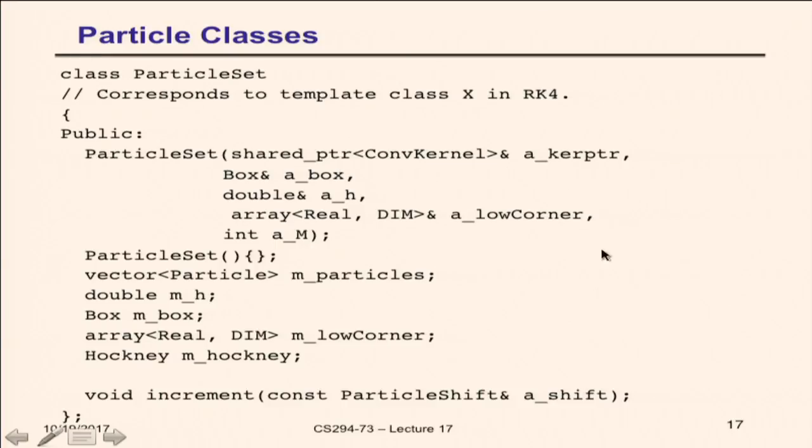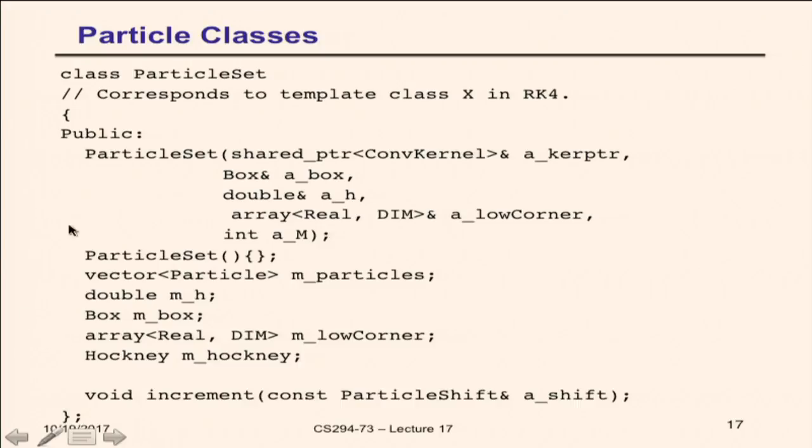You need a real value for what the low corner is, so you can compute absolute locations relative to your box, and you need to know what m is, and m is the log base 2 of the number of mesh points. So we're always going to be working with power of 2 number of mesh points.